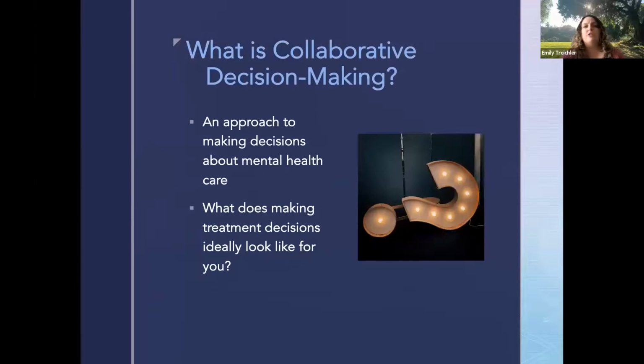So let's just start at the beginning. Collaborative decision-making fundamentally is just an approach to making decisions about mental health care. So I'd love to start with a question for the audience: when you think about the ideal mental health treatment decision-making process, what would you ideally like that to look like in your practice?